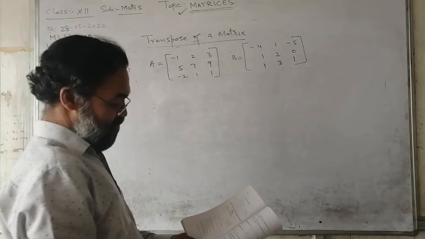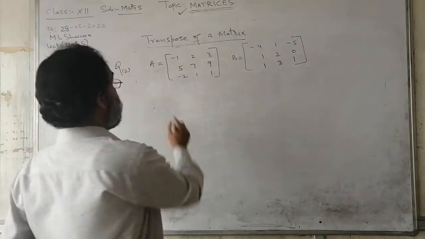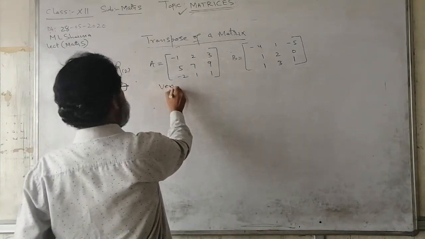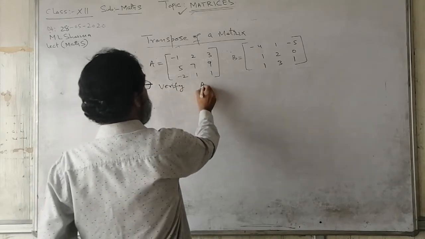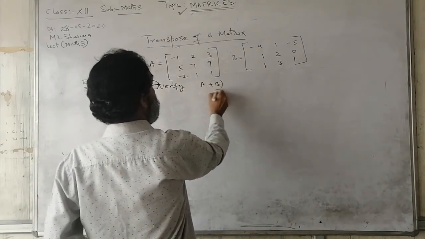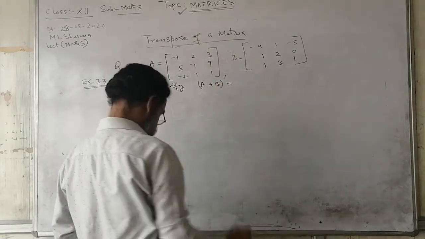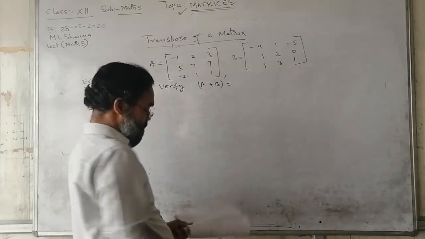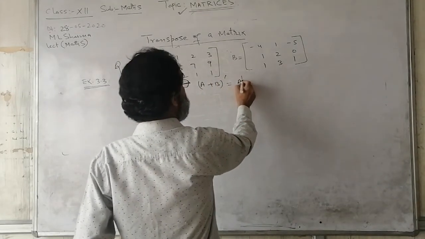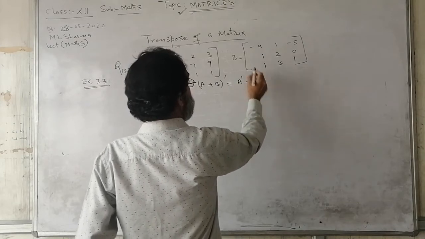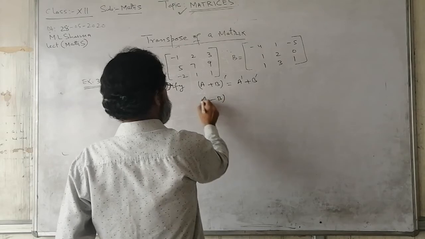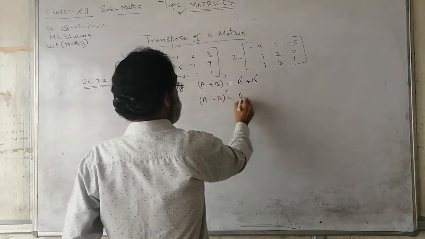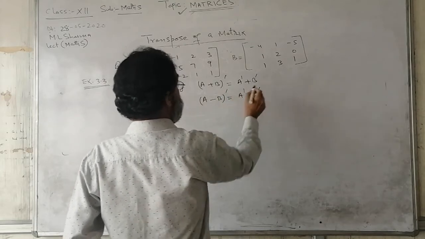So what we have to do, we have to verify that the transpose of A plus B is equal to A transpose plus B transpose. Similarly, the transpose of A minus B will equal A transpose minus B transpose.